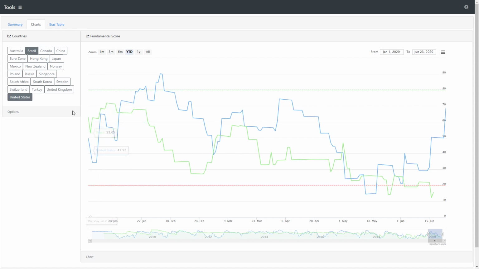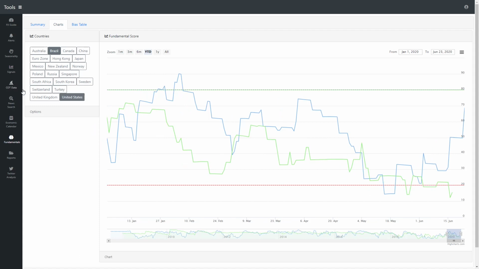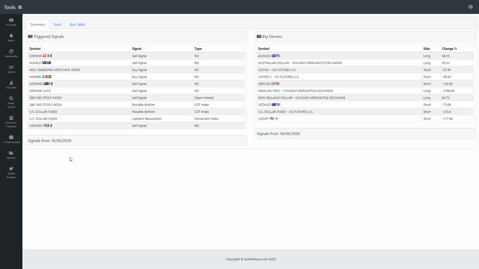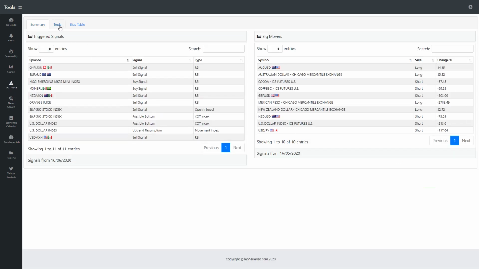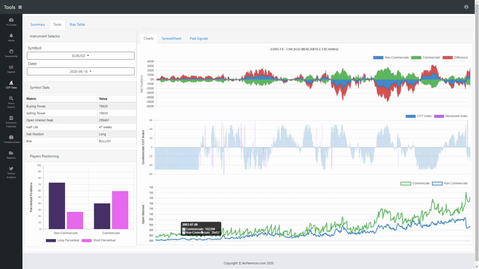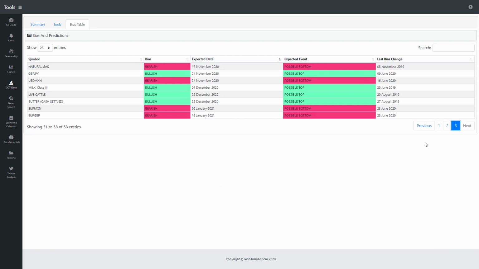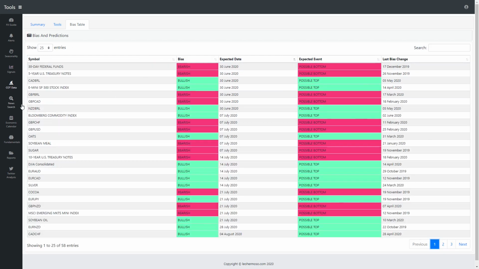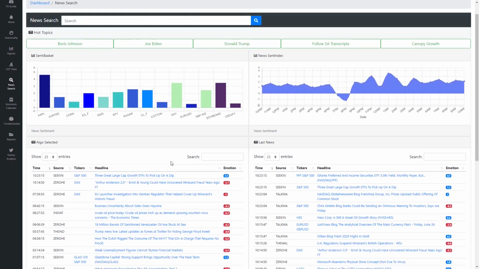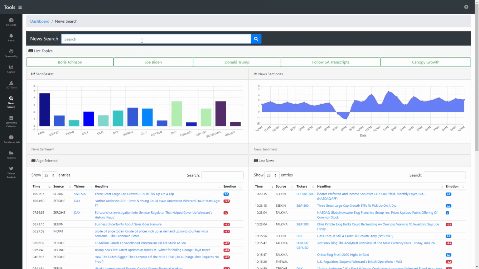For example, we can look at the economic score, then we can take a look at our COT data to see how the positions of players are working, how the bias according to COT data is working, and of course we can do some news research. For example, we can search for something related to Brazil.